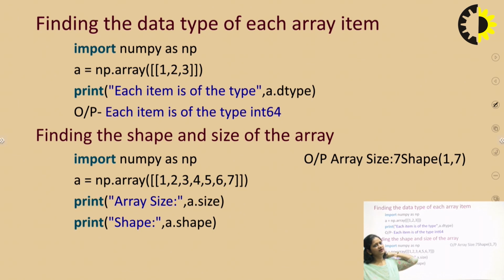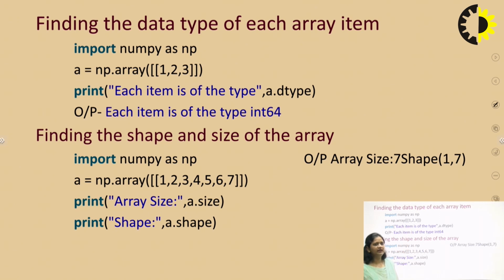Okay, finding the data type of each array item. If we have to find out the data type of each array element, what will be the syntax of the program? First we have to import numpy as np, because we are going to use the features of numpy, numerical Python, in our program. Then the second step is to create an ndarray object.